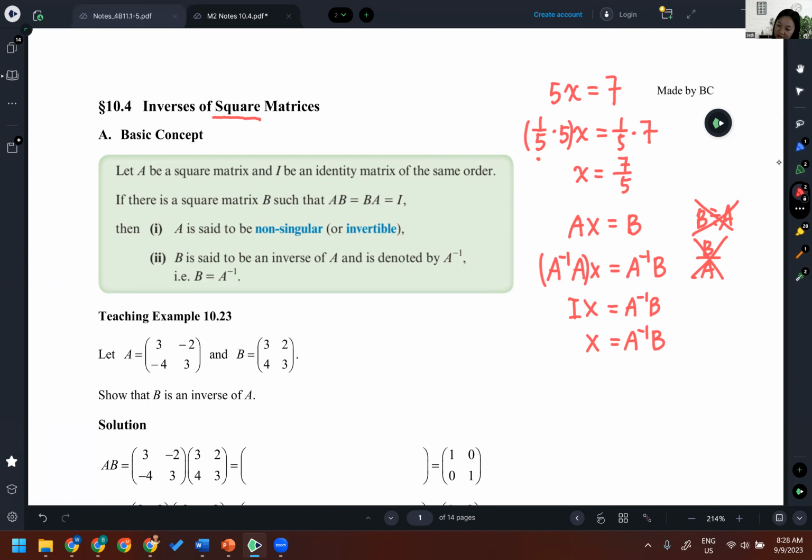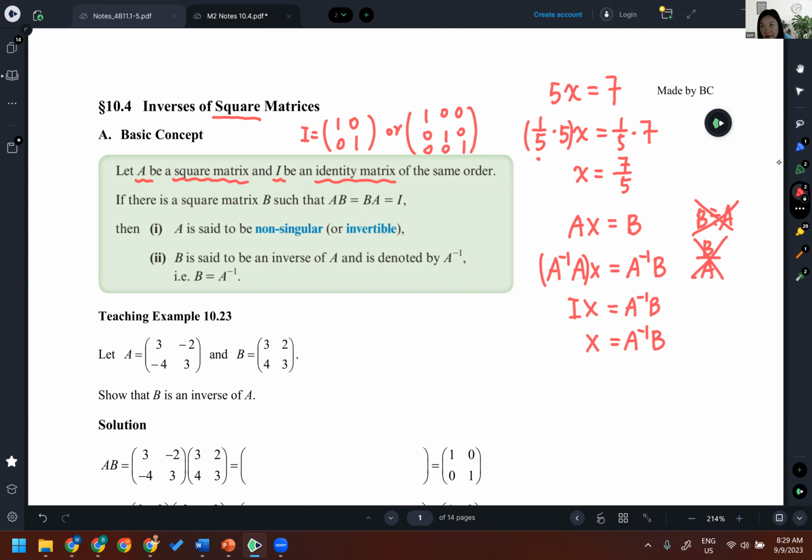For a matrix which is a square matrix, it can be 2 by 2, it can be 3 by 3. In our textbook, we do not discuss 4 by 4 or above. So A is a square matrix and I is the identity matrix. That means I is either 1, 0, 0, 1 or the 3 by 3 version, like that.